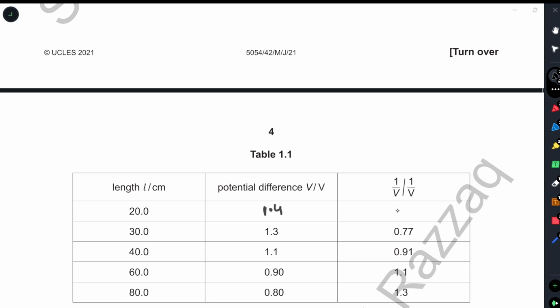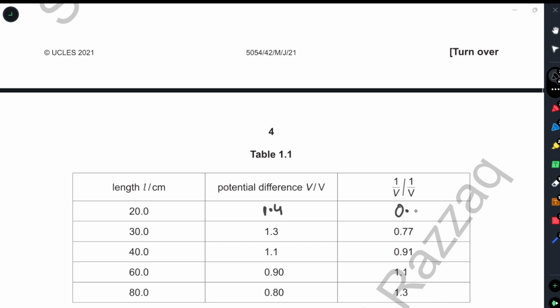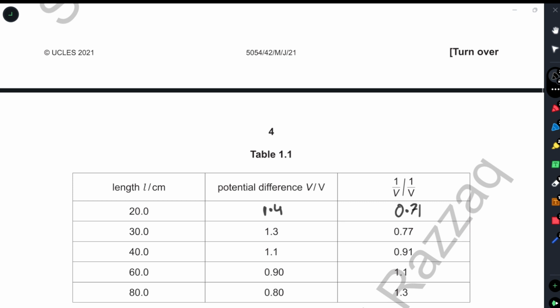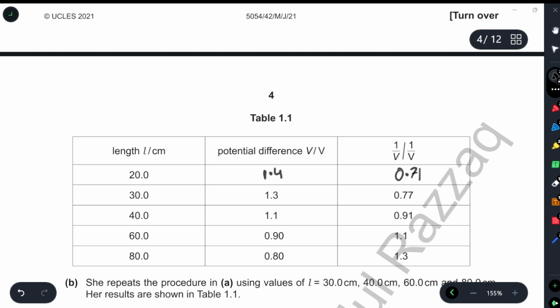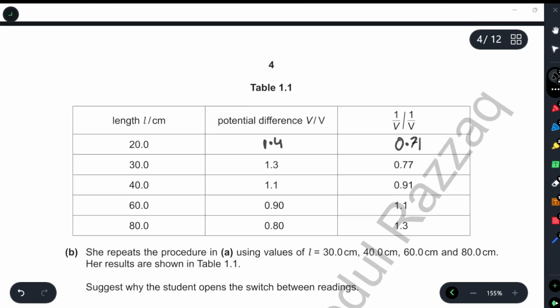I'm going to say that this is 0.707, so I'm going to say this is going to be 0.71. Take it approximately, maybe slightly a little more than that. All right, so this is for the length 20. So we did part 1 and part 2 for A.